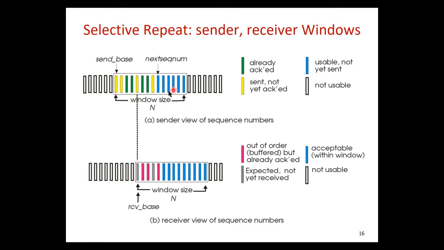Essentially because the sender may receive... So let's say that, for example, this is packet number 5, this is 6, this is 7, this is 8. So the sender may have received ACK of 7, but not receive ACK of 5.